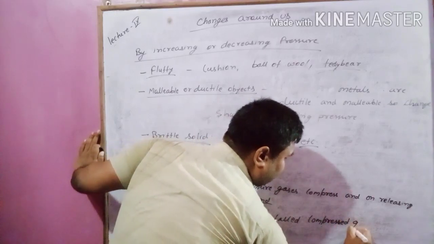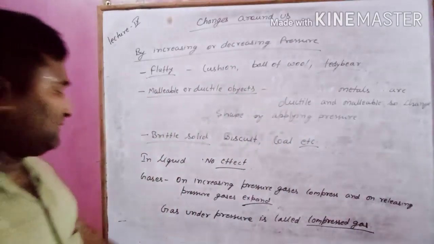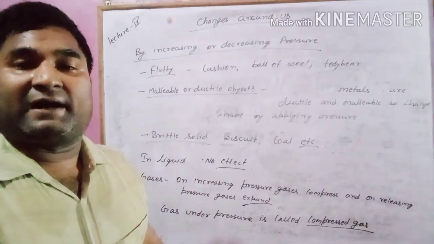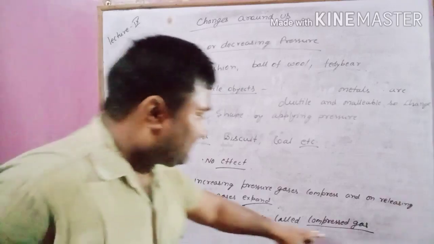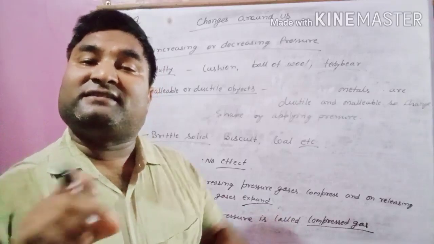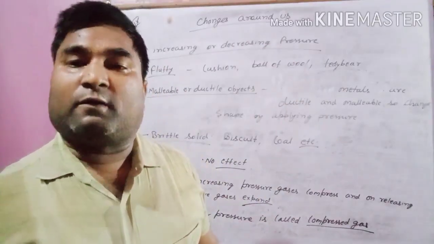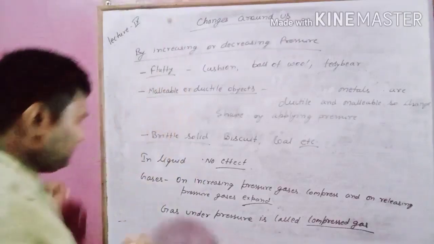This compressed gas is used to inflate the tubes of the cycle and also balloons.